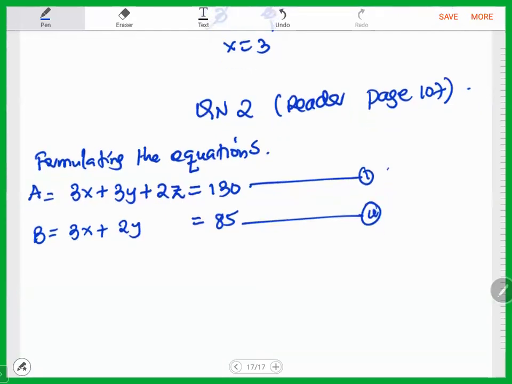And our process C, it has x plus 3y plus z is equal to 60.